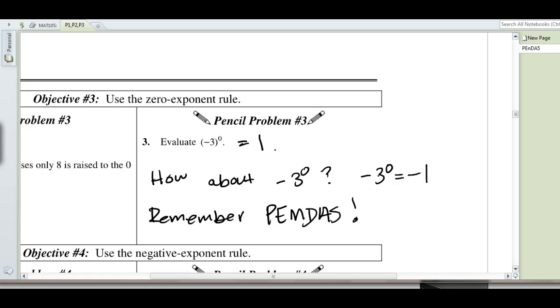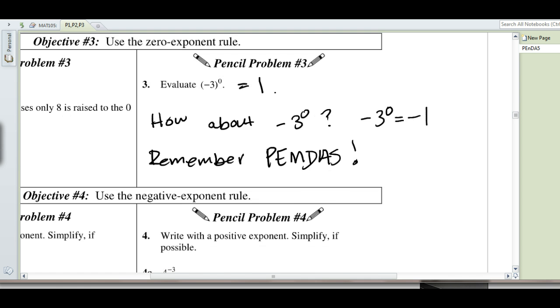So really we're raising 3 alone to the 0 power, giving us 1, and then the negative comes after. Whereas in the example before, the parentheses say we multiply by the negative before we apply the 0. So in pencil problem number 3, you get +1, but in this extra example I wrote, you would actually get -1. So keep that in mind.